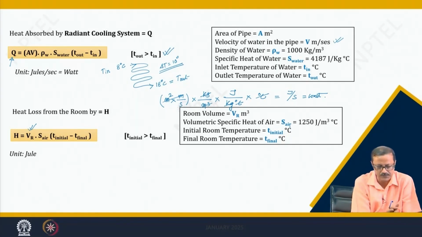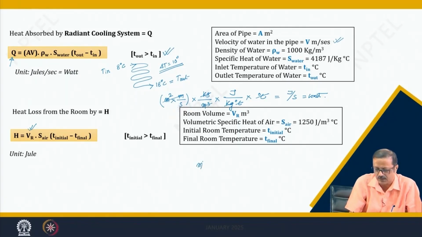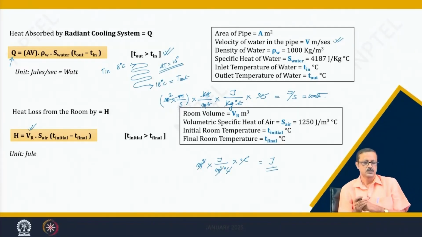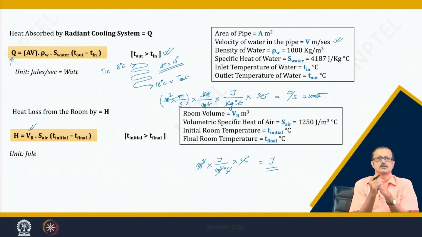Again, if I do the unit balance, VR is in meter cube, multiplied by joule per meter cube per degree C, multiplied by delta T in degree C. Finally, I come out with joule, not joule per second here. So, that is the total amount of energy that will be taken out of the room.